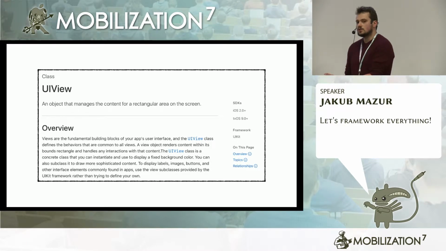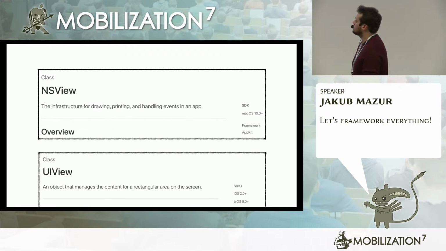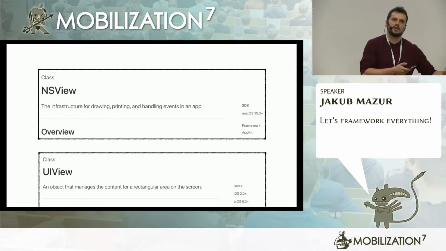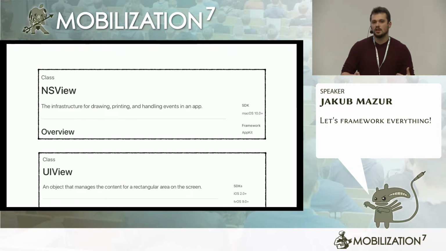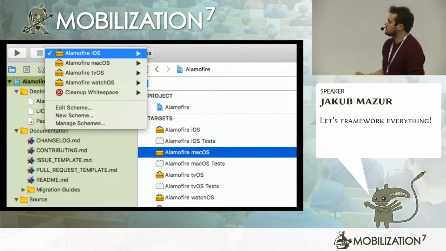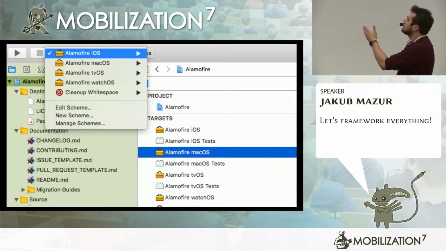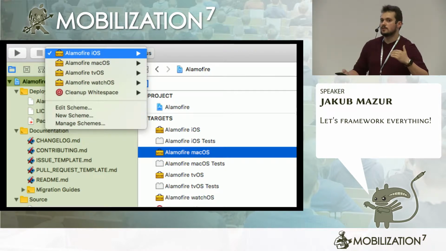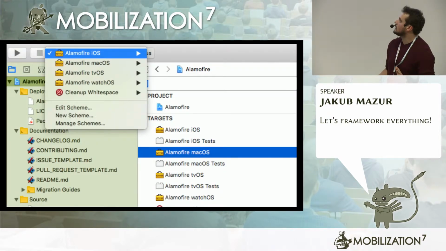So you cannot really use it in macOS applications, because macOS applications use NSView, from the AppKit framework. And since you can have the model layer in a framework, you cannot really have the view layer in a framework. So this leads to, I will show this screen once more, because Alamofire does not have this problem. They have only the network layer on NSURLSession, so they cannot have different dependencies there.